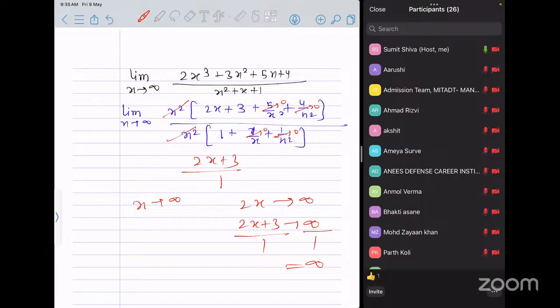This concept is valid for polynomial form. If the question is not in polynomial form, if it is in some different arrangement of functions, not a polynomial function, in that case either you have to select another special technique, or you can just go by L'Hopital's rule. There are lots of different concepts for different formats. Understood?